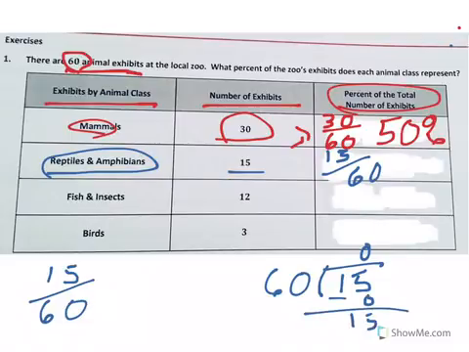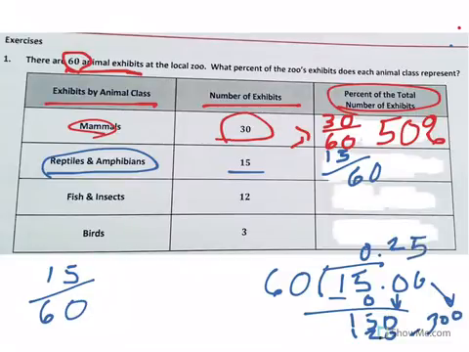Subtract. Get 15. Add the decimal and a 0. Bring that 0 down. Add the decimal up top. 60 does go into 150 2 times. Gives us 120. 150 minus 120 is 30. Bring down another 0. 300. 60 goes into 300 5 times. 0.25 gives us 25%.